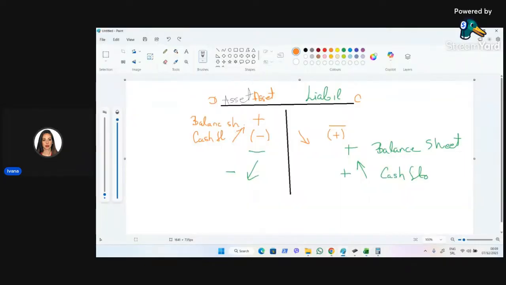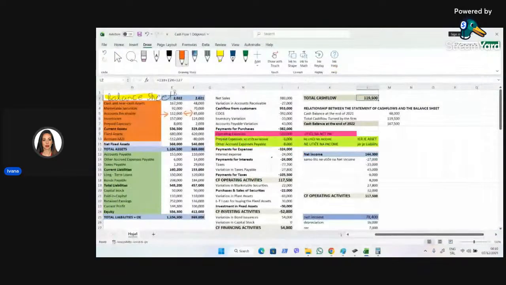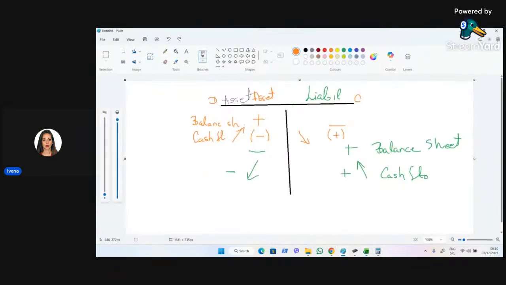It's negative because in the current year, it's rising. So it's negative. Let's have a check once again. Okay, so this is rising and the asset is rising, and in cash flow, that means it's negative.